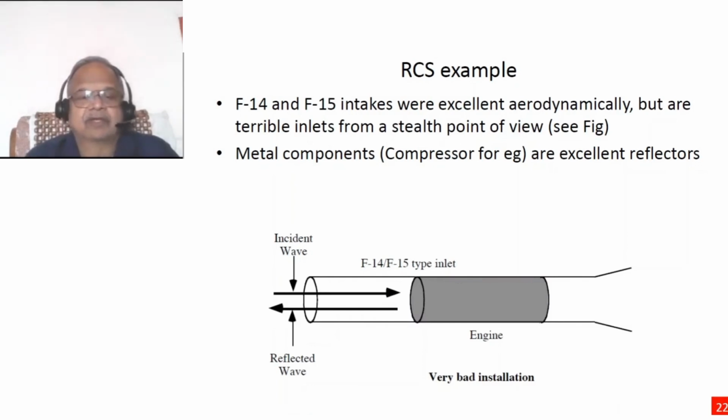So whatever wave comes through the intake hits the compressor blades of the engine, and then is returned back. This obviously is not a very good idea if the intention is to reduce the radar reflection. If the intention is to improve the aerodynamic performance of the intake in terms of minimizing the total pressure loss or avoiding any kind of secondary flows, this design approach is excellent.